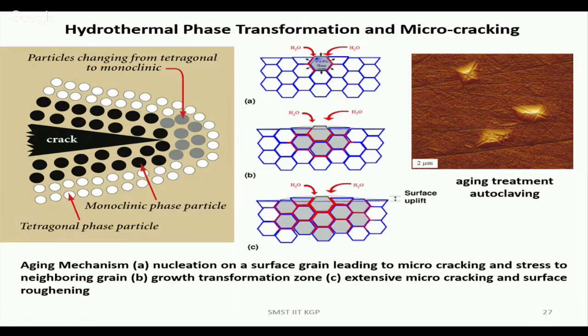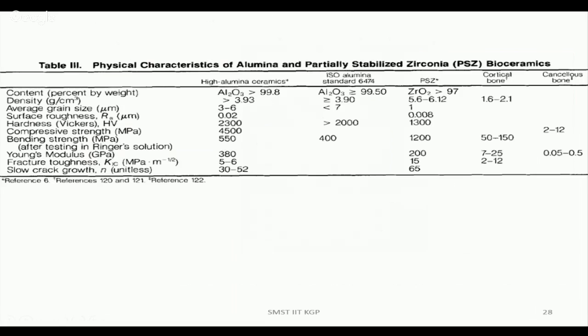Is it clear to all of you? So this is partially stabilized zirconia. Partially stabilized zirconia always will have a certain percentage of silica or calcia or magnesia or yttria. Usually 3 mole% magnesia and 3 to 7 mole% magnesia, yttria or calcia, and even now people are using silica.